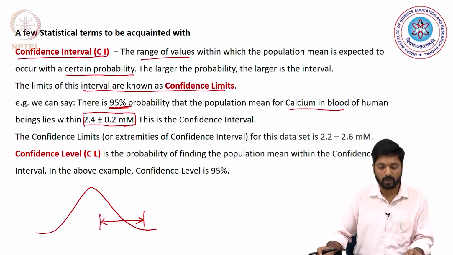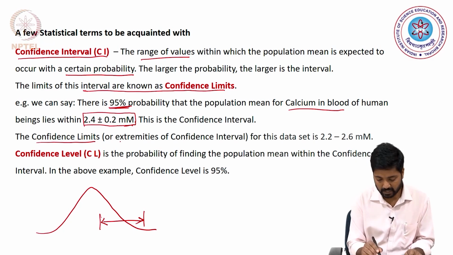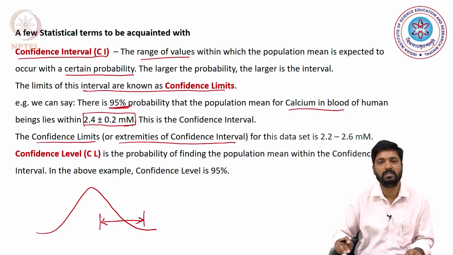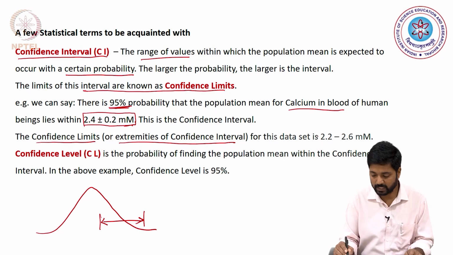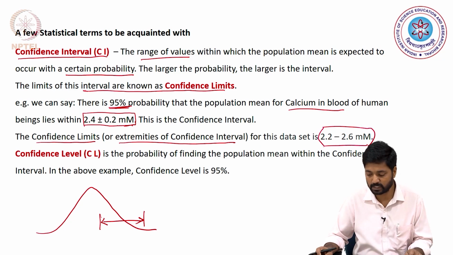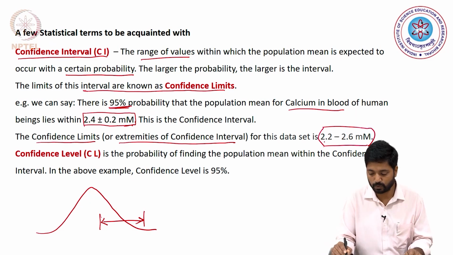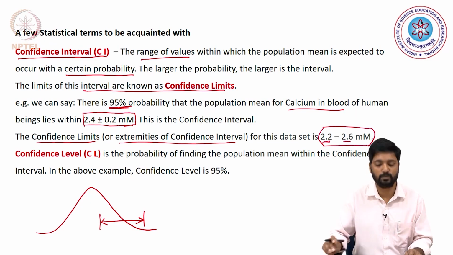When we talk in terms of the confidence limits, which are the extremities of the confidence interval, the confidence limit for this data set is 2.2 to 2.6 millimolar. In other words, it is expected that 95% of the human population will have their calcium levels within this particular range of 2.2 to 2.6 millimolar.